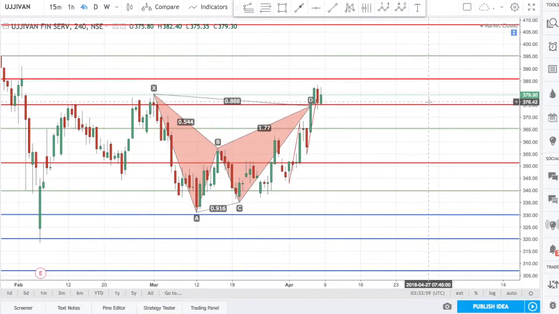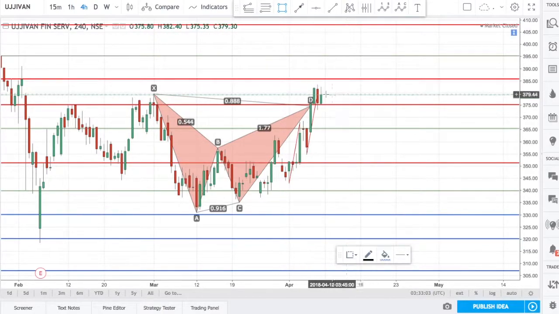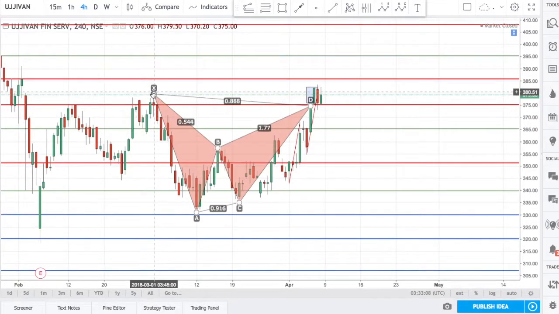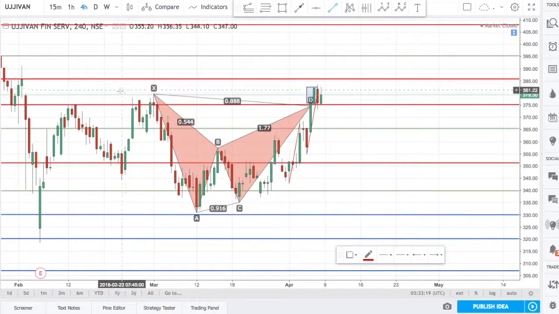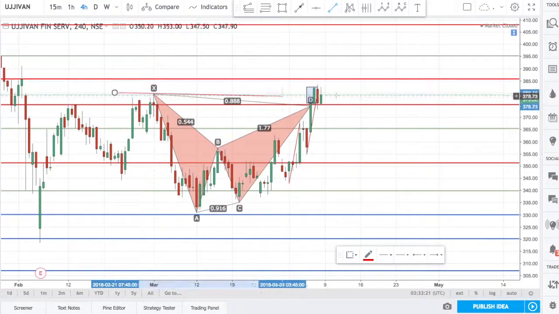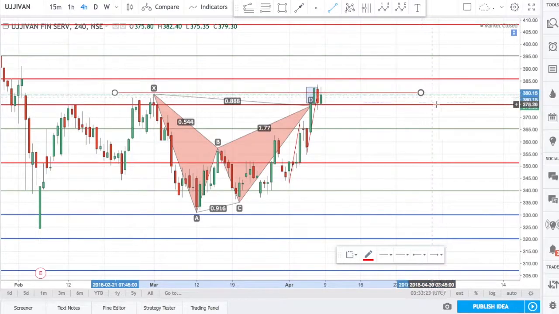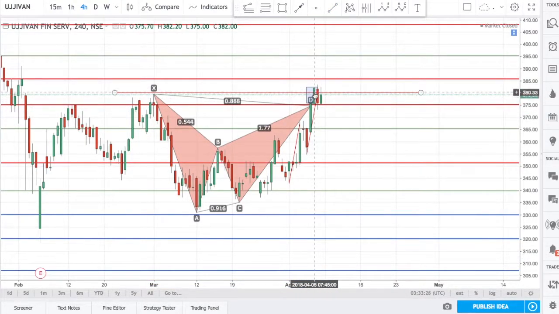And secondly, although this candle closed above the most recent high, it didn't get a follow through.